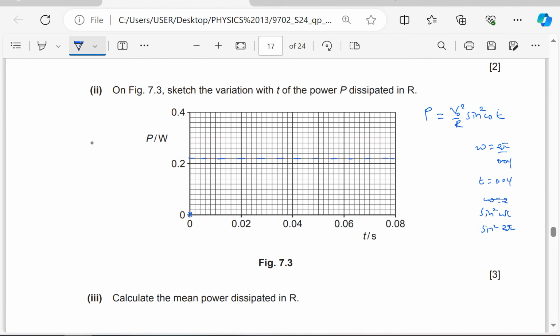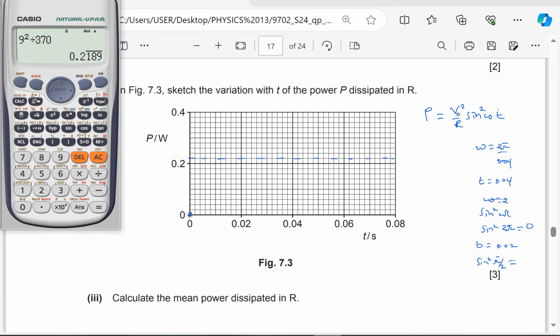And if t equals half a cycle, which is 0.02, sine squared omega t will be sine squared, where there is t, I'm putting 0.02, so I remain with pi over 2. So this will be sine pi over 2. And I think sine pi over 2 is also 0. I can check this. Sine of 90.